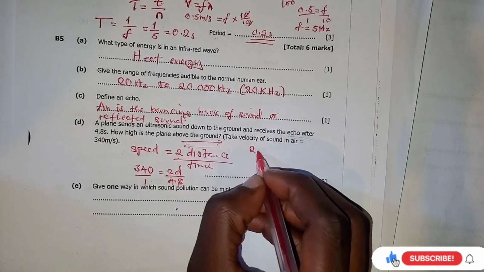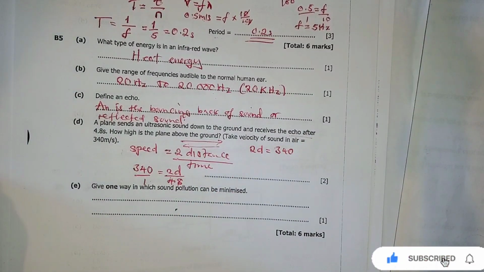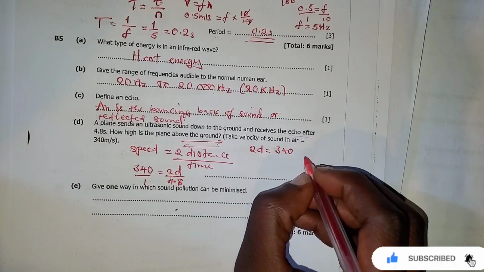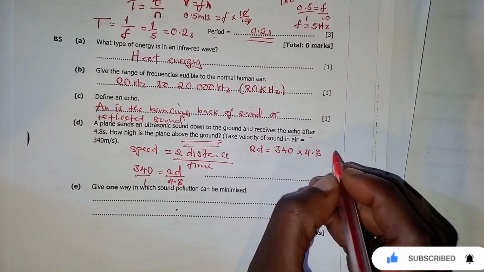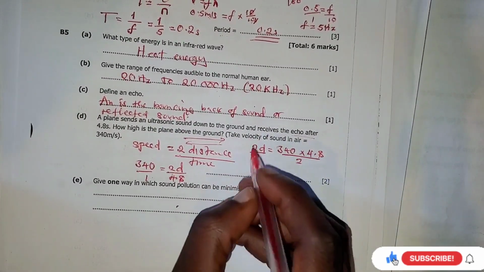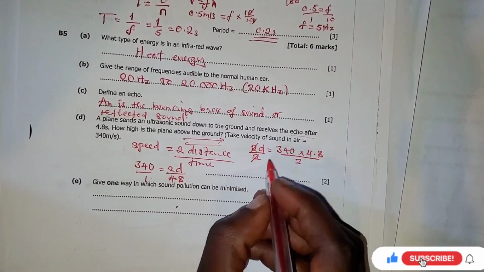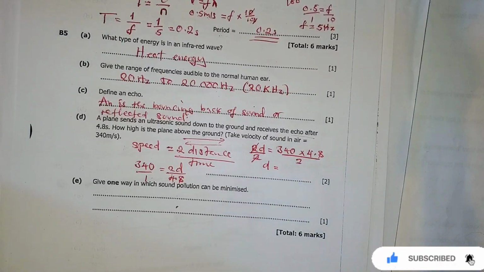When you cross multiply here, you're going to say over 1. So we're going to say 2D is equal to 340 multiplied by 4.8. So divided by 2, these 2 and these 2 cancel. Therefore, distance is equal to, let me punch these on the calculator.